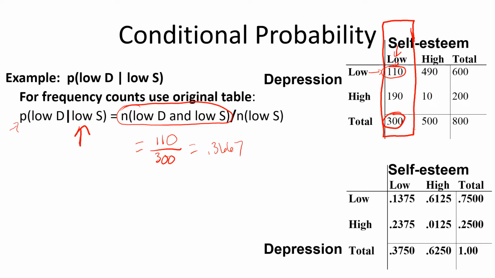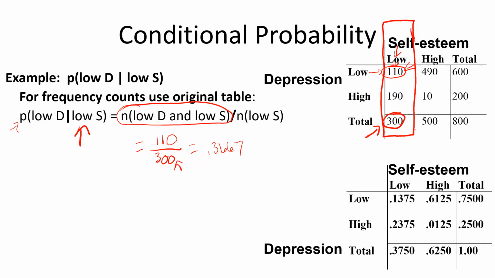Given they have low self-esteem, we've brought our n down to 300, because we're only including those with low self-esteem, which is why our n of 300 ends up on the bottom. Now we're trying to see the probability of low depression and low self-esteem, that 110, as a proportion of 300. And that's what that 0.3667 is.